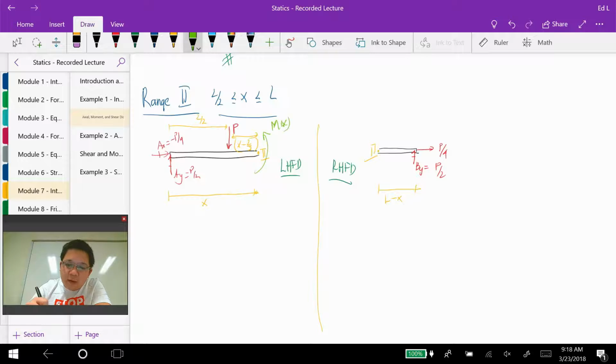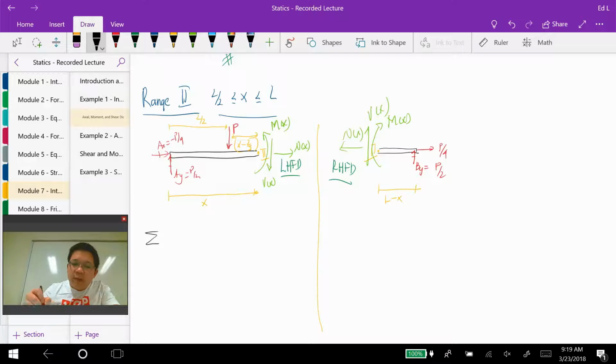Don't forget, this is M of x, V of x, and N of x. Okay, so when I do the sum of the forces, let me do the sum of the moment first.